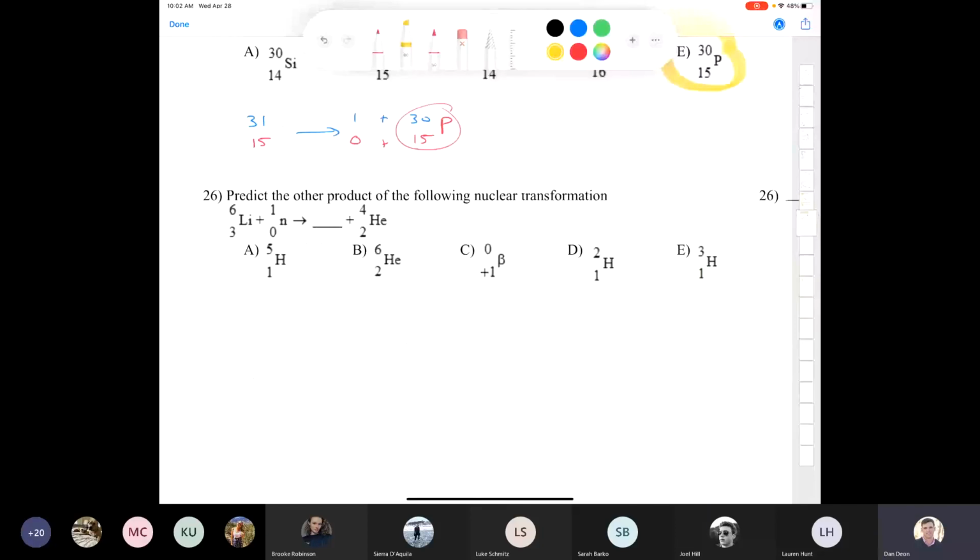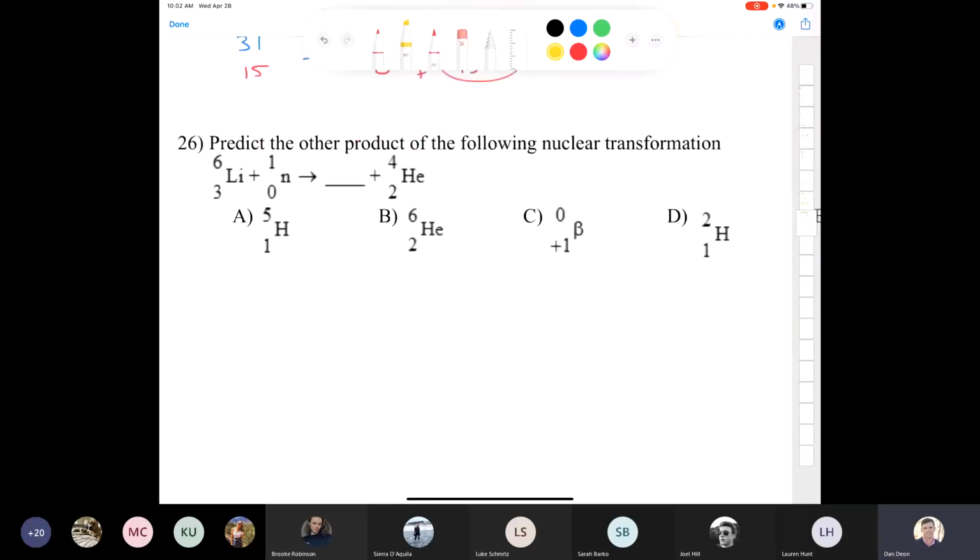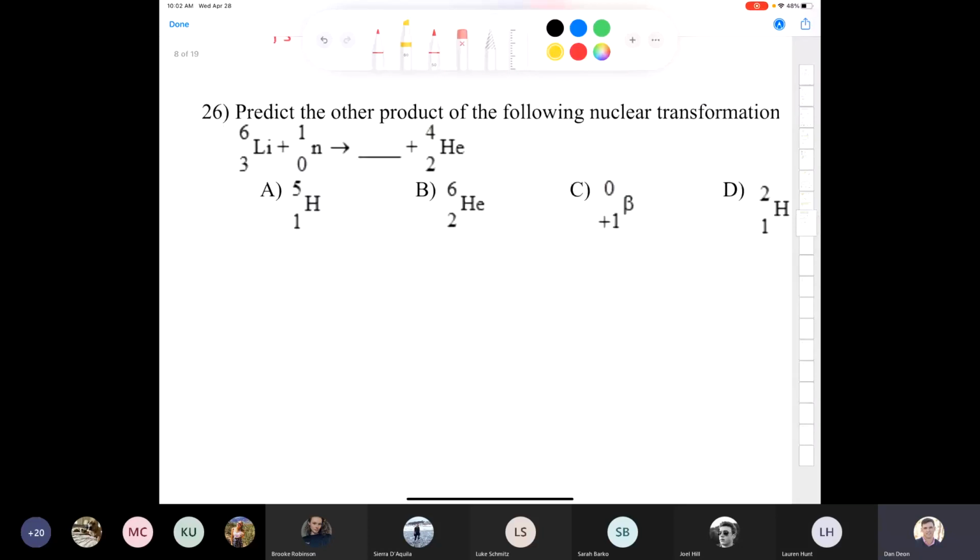Same type of question here in 26, more balancing a nuclear equation. So we have lithium-6 plus a neutron gives you something plus an alpha particle. We're going to employ the exact same rationale. Here we have 6 plus 1. That gives me a total of 7, equal to something plus 4.